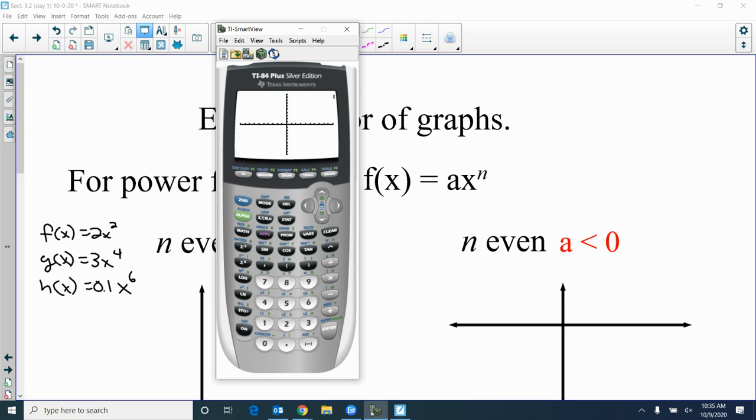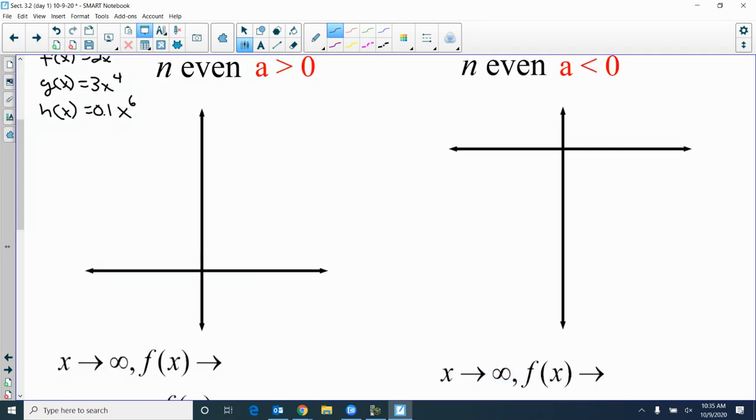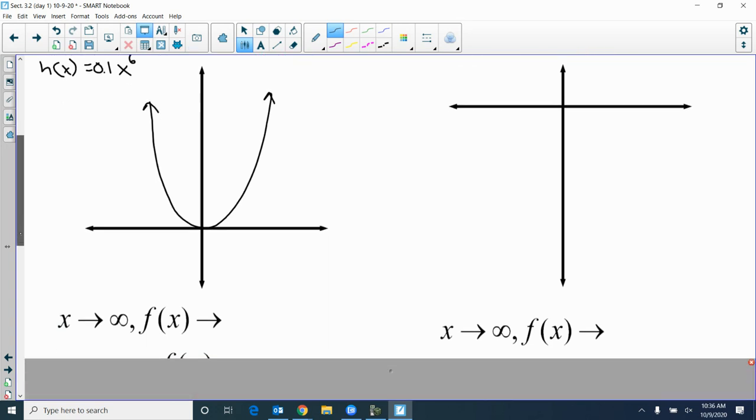Okay, making up another one. But they all look like what? They all look like a parabola, right? They just open up. Okay, they hit 0, 0. But they're going to look like that. That's going to be the general form.